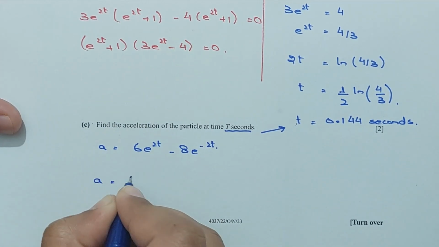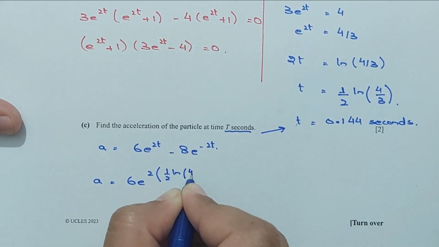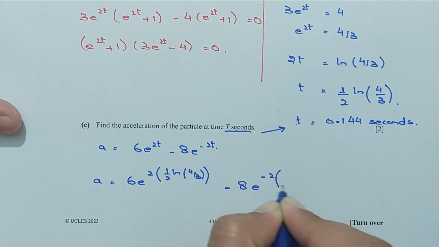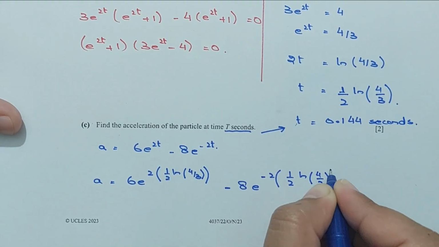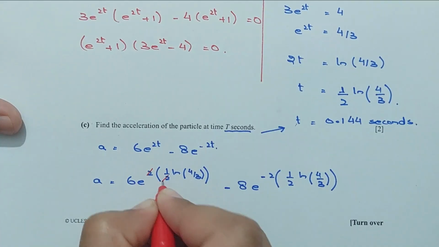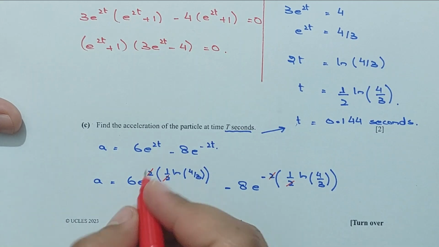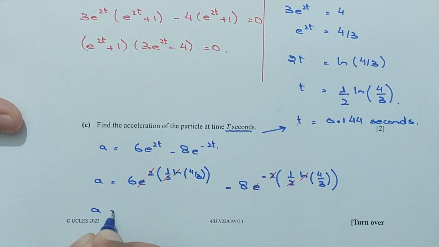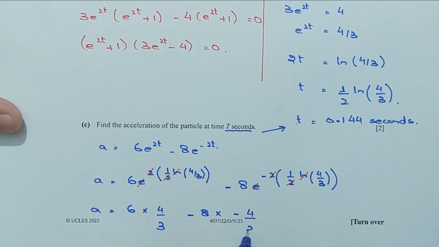So acceleration should be 6 e power 2 times t, where t is 1 by 2 ln 4 by 3, minus 8 e power minus 2 times 1 by 2 ln 4 by 3, right? 2 is cancelled with 2, and the natural log is cancelled with the exponential. So we have a equal to 6 times 4 by 3 and negative 8 times negative 4 by 3, right?